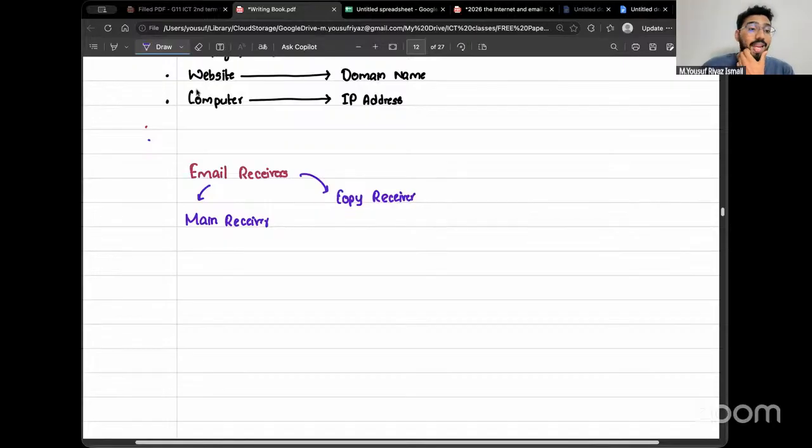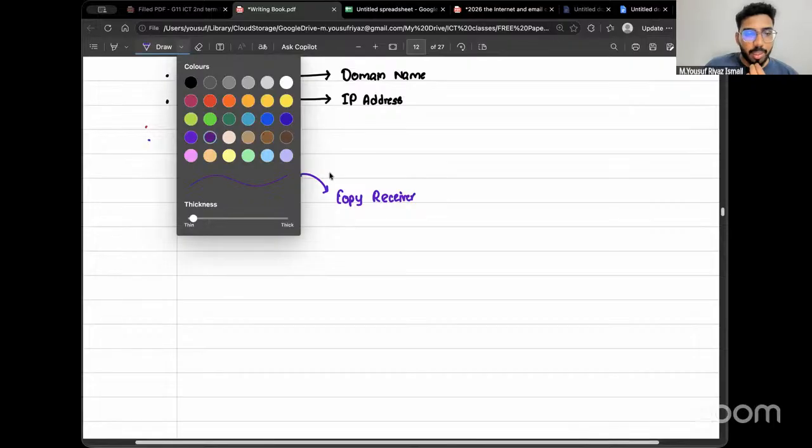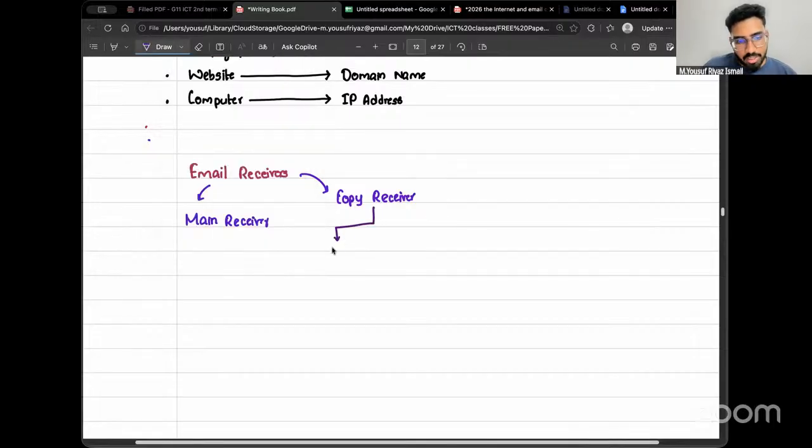And in the copy receiver, there are two types of copies you can get. One is a visible copy and one is a hidden copy. So let me explain how this works.